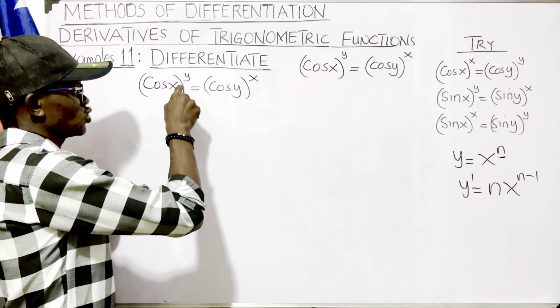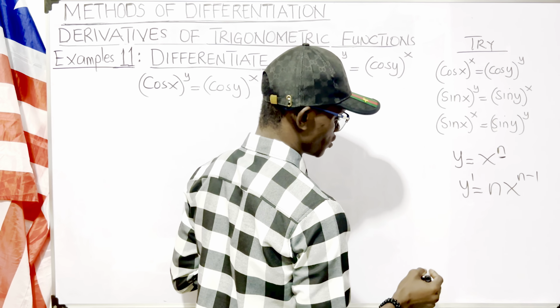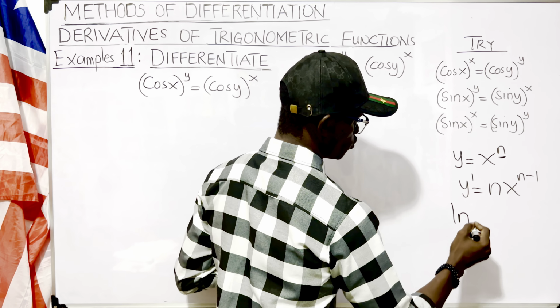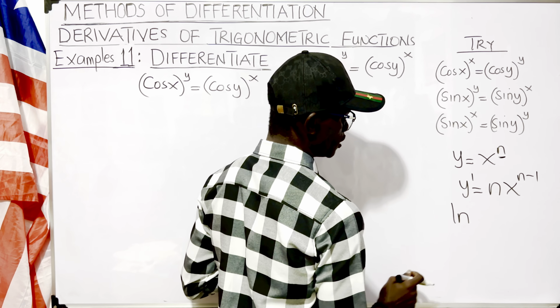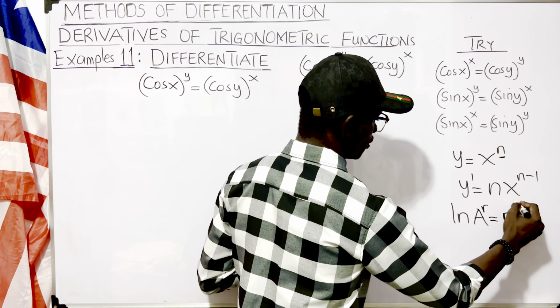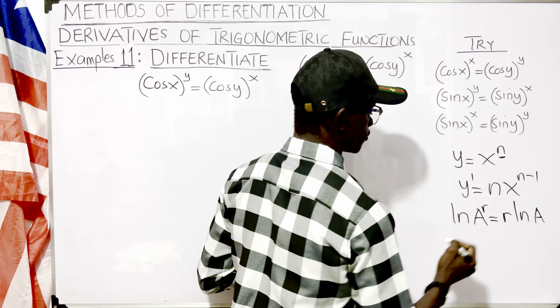What can bring those expressions down is this rule from the logarithmic properties: ln of a raised to the power r equals r ln of a.